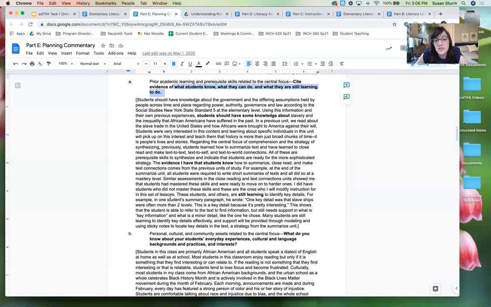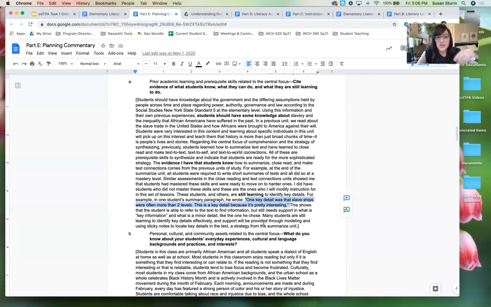For example, in one of the students' summary paragraphs, this is what you should all be doing. Notice she's including a direct quote that shows that the students are still learning. This is citing that specific evidence. This is what bumps you up to the next category on the rubric.